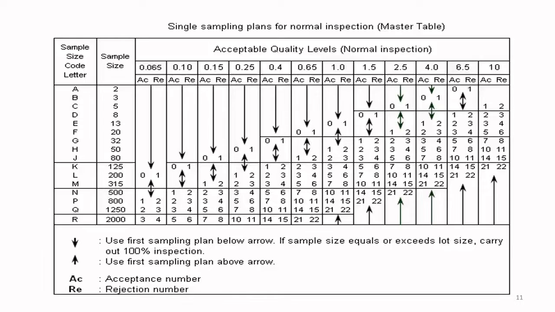Based on the total number of defects, it will be decided whether you will accept the shipment or reject the shipment. There are a lot of things that we can see in this table.